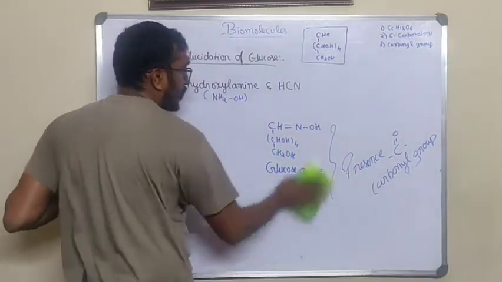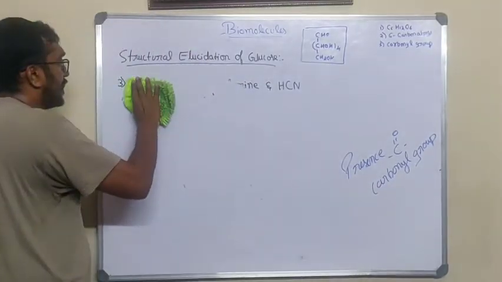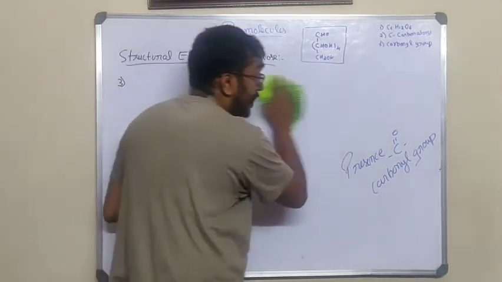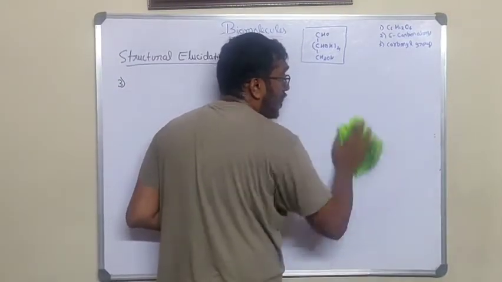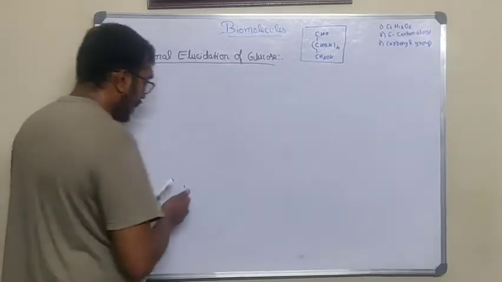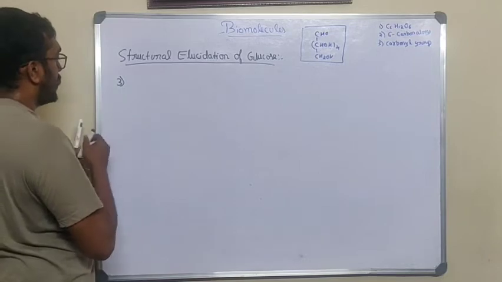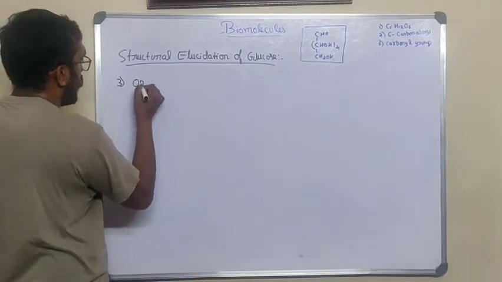The fourth point: we need to check whether it is an aldehyde group or a ketone group. Oxidation is the process.